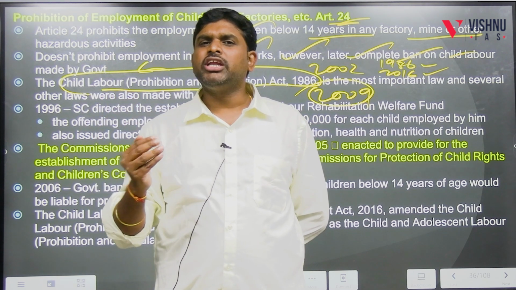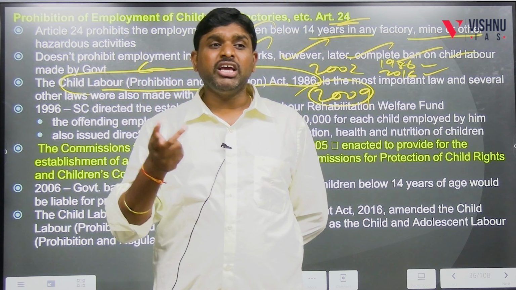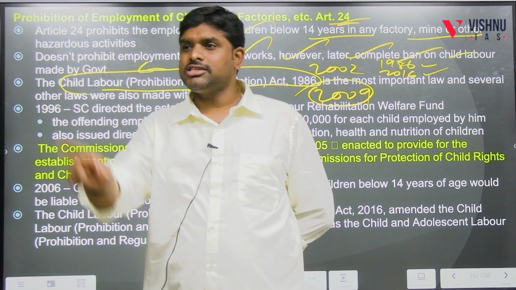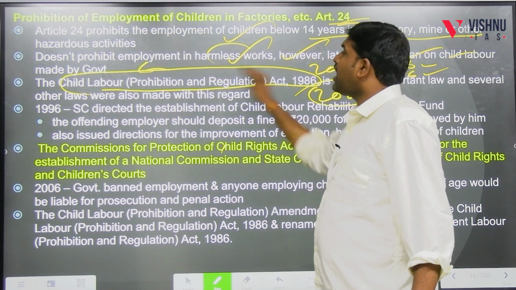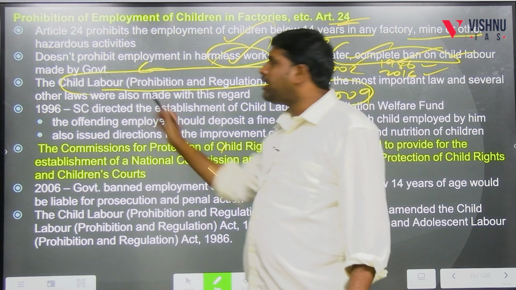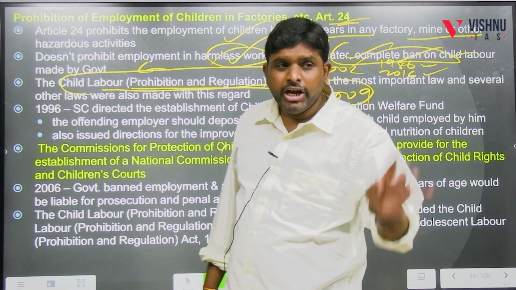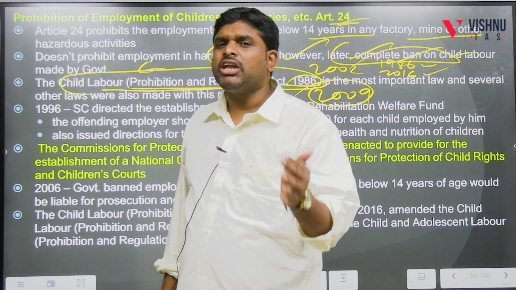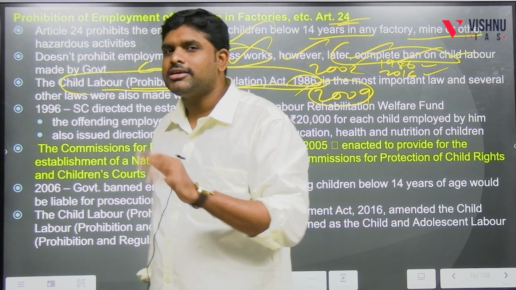Those below 14 years are not allowed to work in factories and mines, but they can work in non-hazardous factories. It doesn't prohibit employment in harmless, non-hazardous work. However, the complete ban happened later. That means from 1950 to 1986, in legal enforcement, even below 14 years you could go and work in a non-hazardous industry.